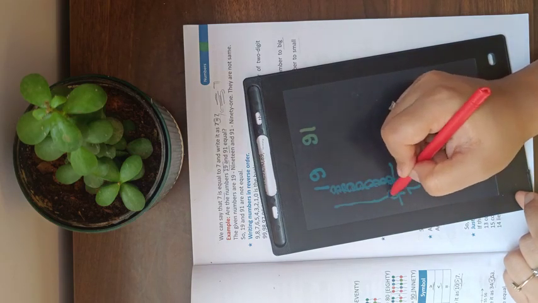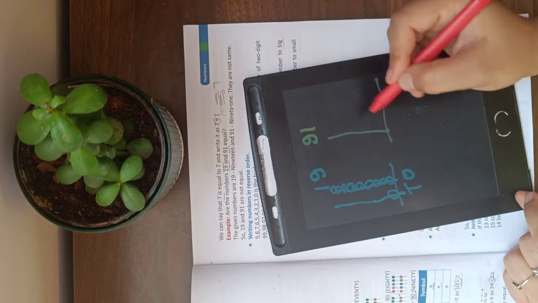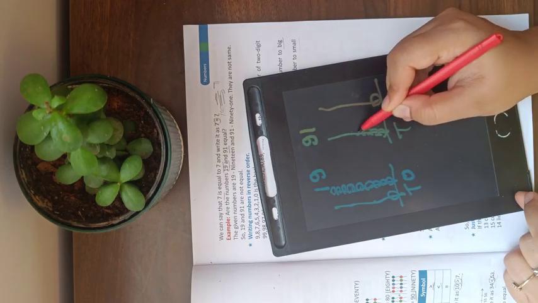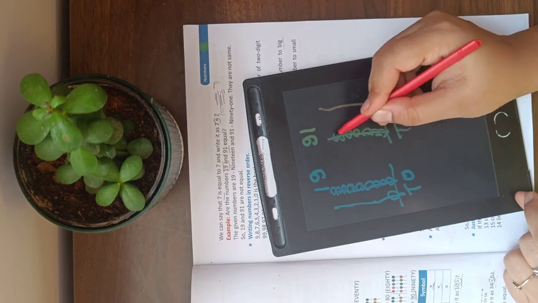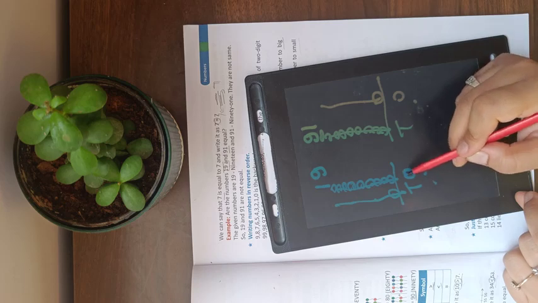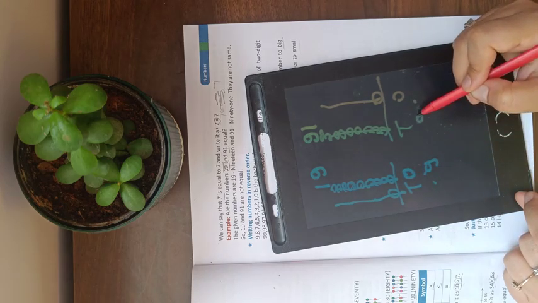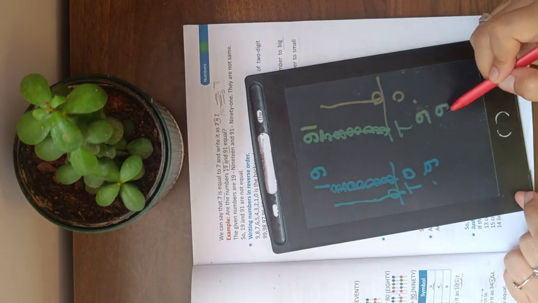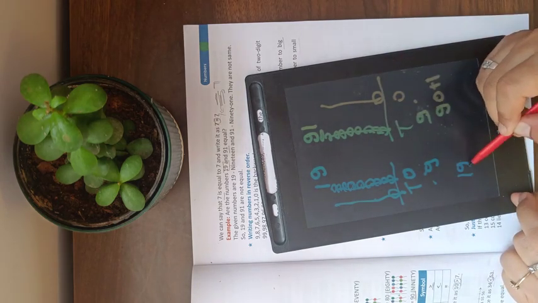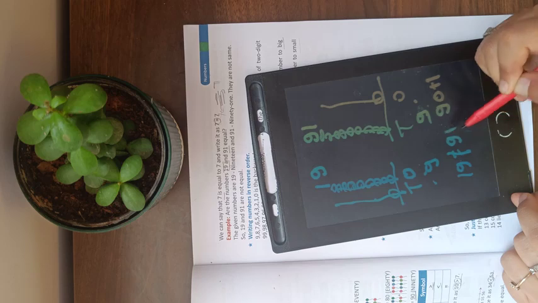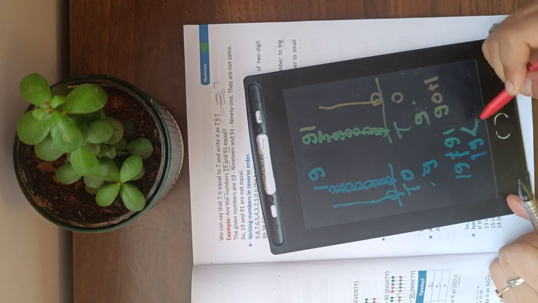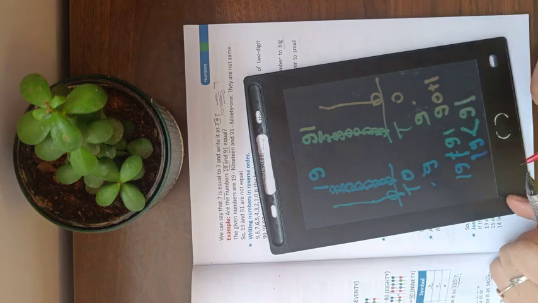So this will look like this and this will look like this. They are different. This is the ones place 9, here the tens place 9. So 9 becomes 90 plus 1. So 19 and 91 are not equal. So we write 19 is less than 91.